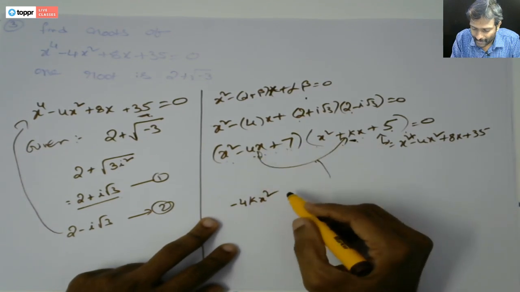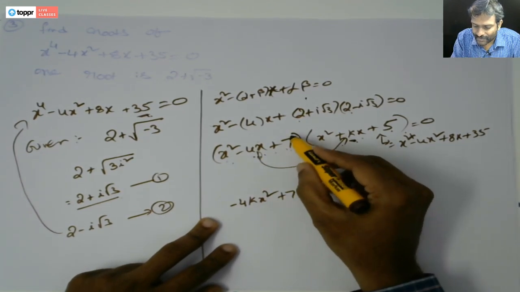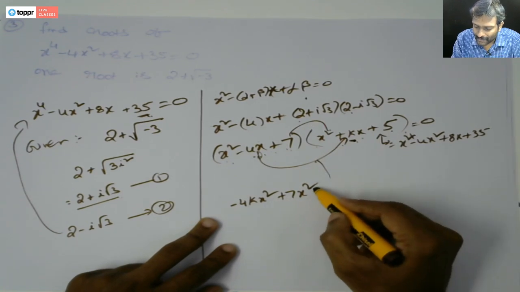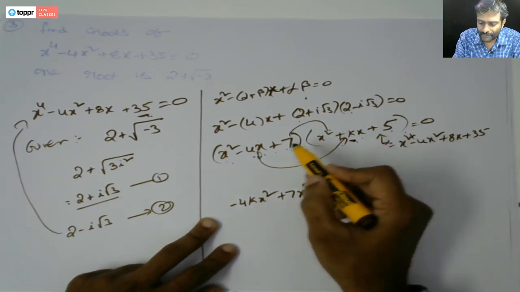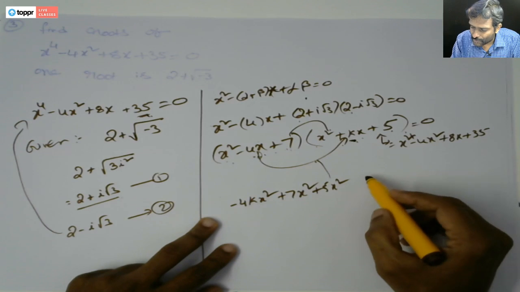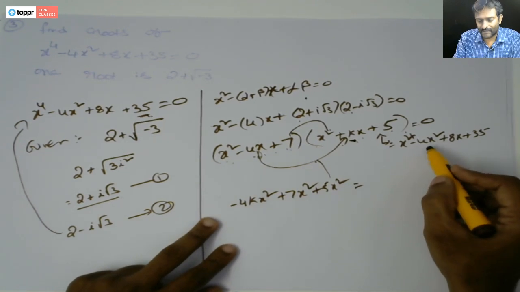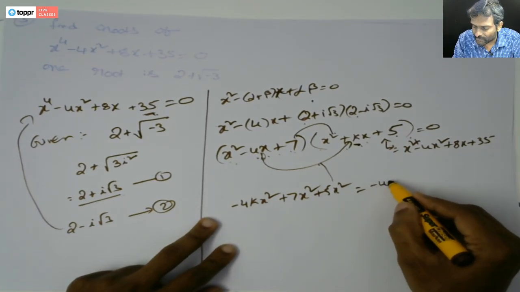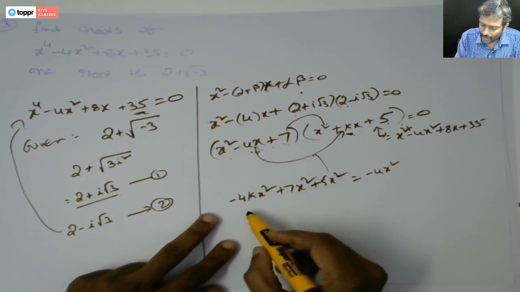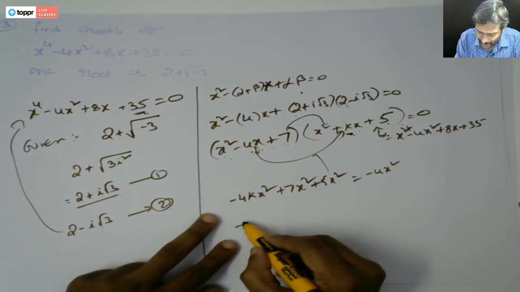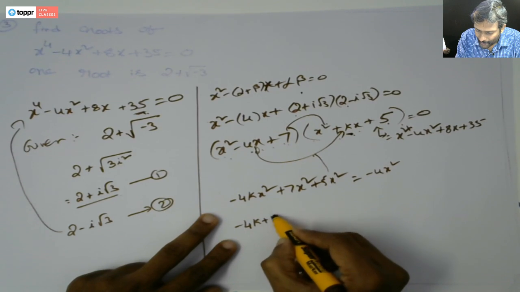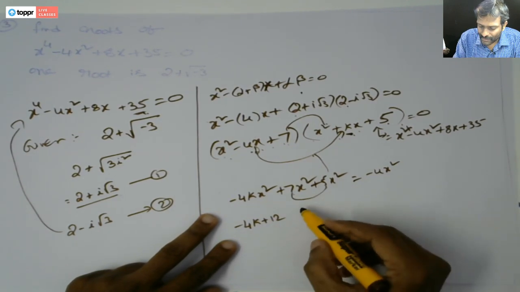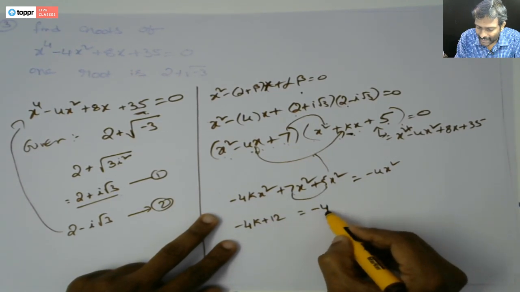Minus 4x into kx is minus 4kx square, plus 7x square, I'm multiplying these two, and then plus 5x square. So this value should be equal to the coefficient of x square here, which is minus 4x square. In other words, minus 4k plus 12, if I add these, should be equal to minus 4.